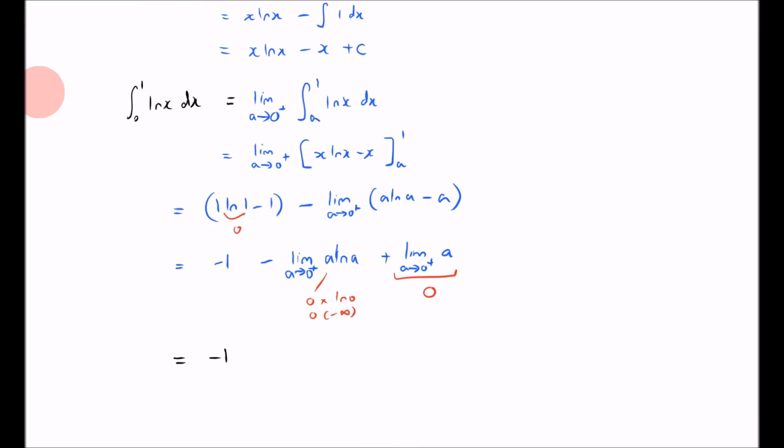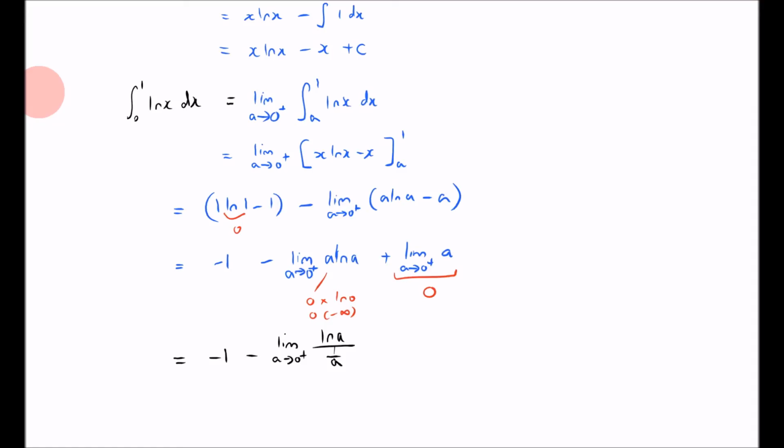So we have to transform it into f(x) over g(x), a ratio. We bring down the a. So it becomes ln a over 1 over a. Right?